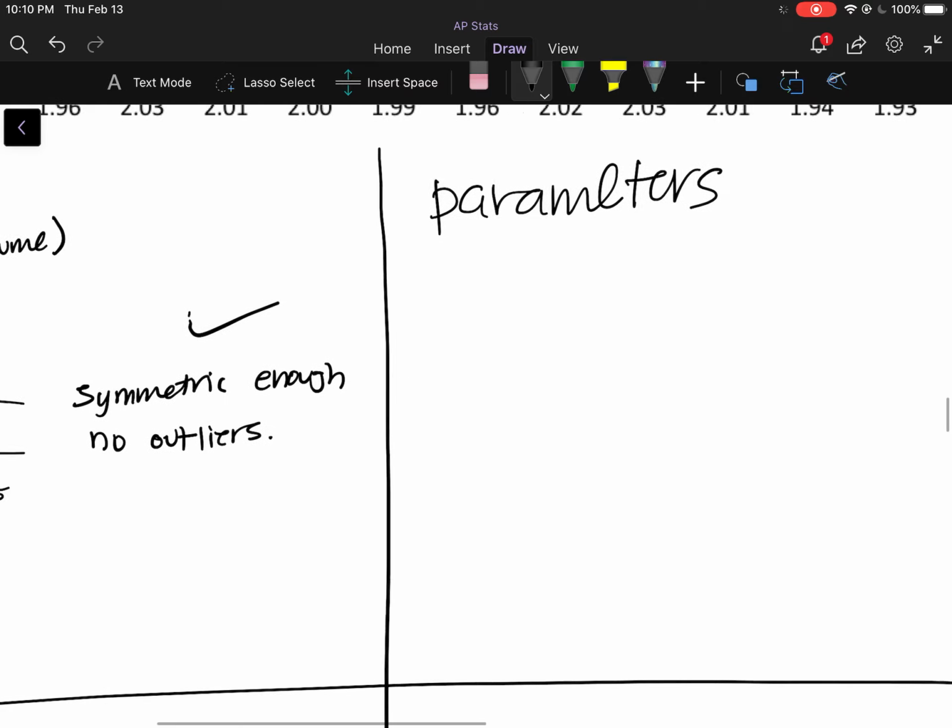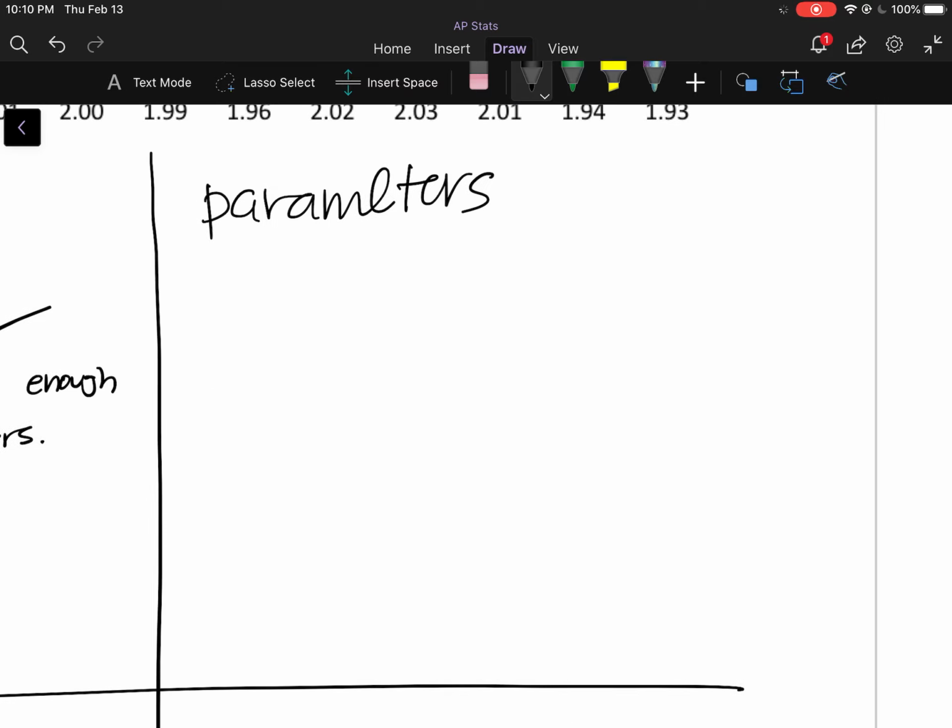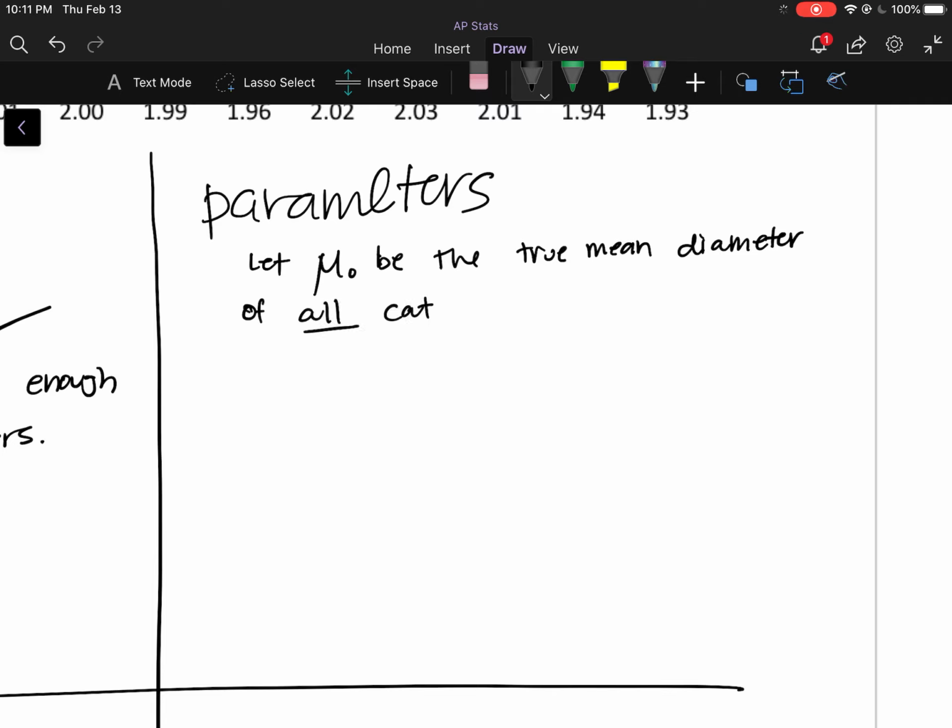Next, we're going to move on to parameters. For parameters, you need to first state what your parameter of interest is. And this always needs to be in context of the problem. So we're going to let mu be the true mean diameter of all catheters.